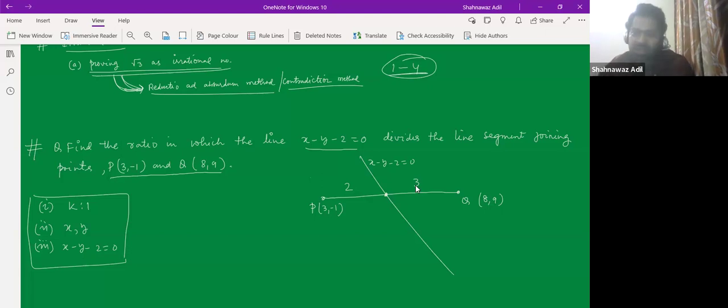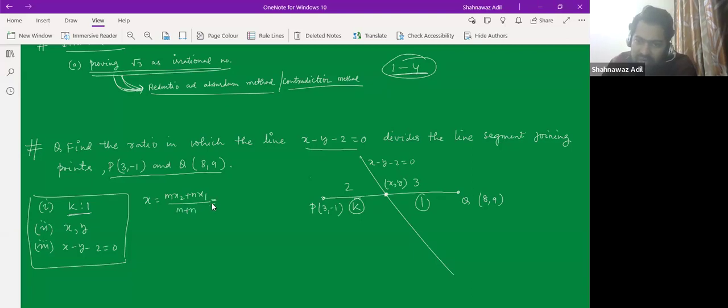Let me just do this problem quickly and then you guys check. First, this is the step we have to follow. So the ratio is k is to 1. Now that we have this ratio, we can figure out the coordinate x comma y. So what would be x? x is mx2 plus nx1 divided by m plus n.